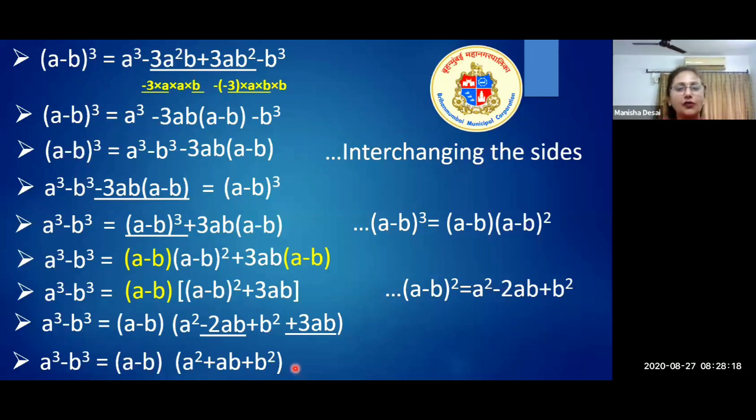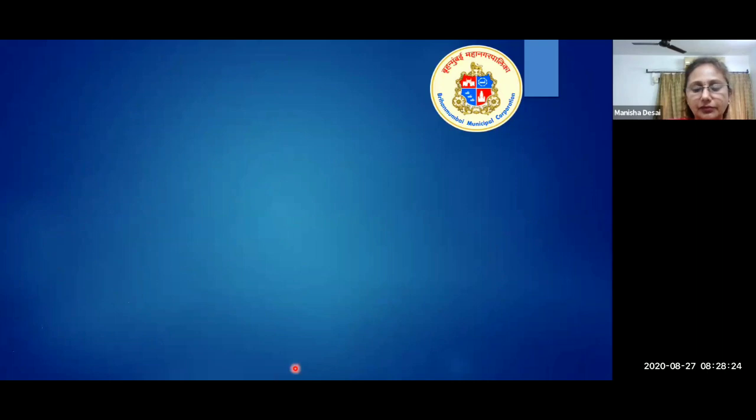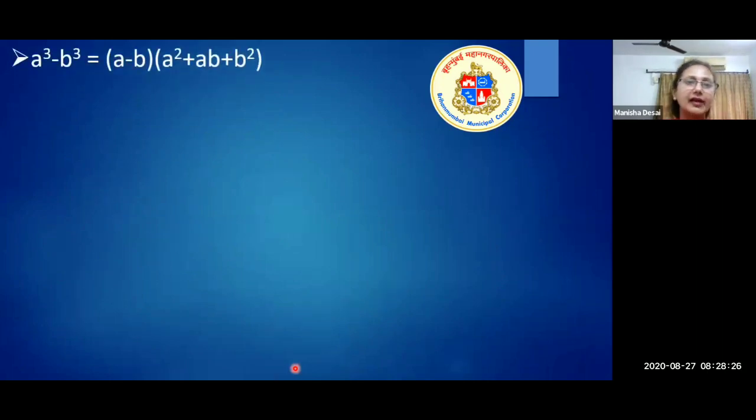Now based on this formula, let's solve some examples. So I'm revising the formula again. A cube minus b cube is equal to a minus b into bracket a square plus ab plus b square.